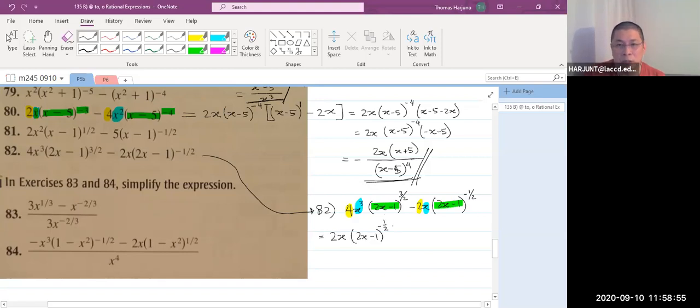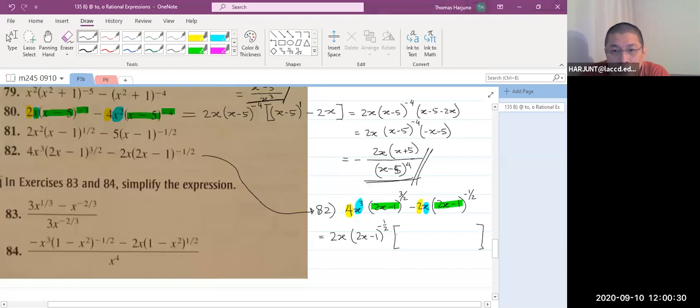The thing is, can you tell what do we have left inside? Okay, and try to simplify as much as you can. Let me give you 1 or 2 minutes from here.